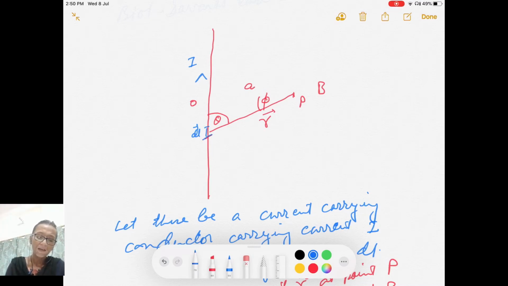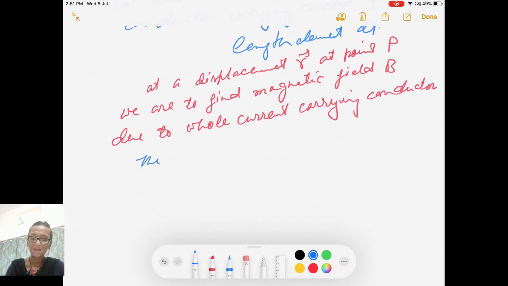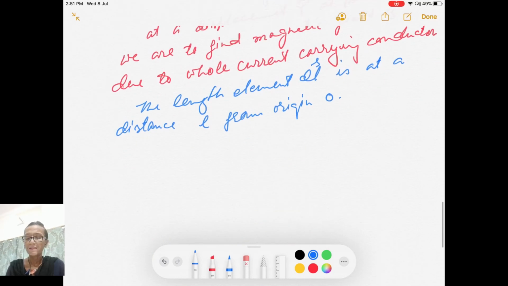Here you have a length element, and here you have a perpendicular of length A, and the length element dl is at a distance L from origin O.